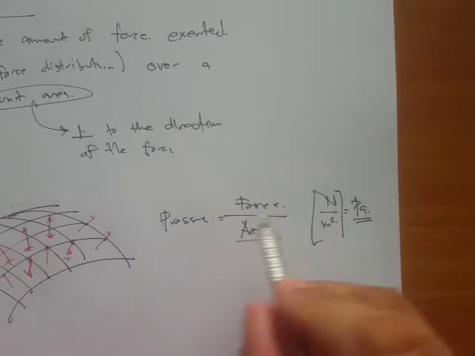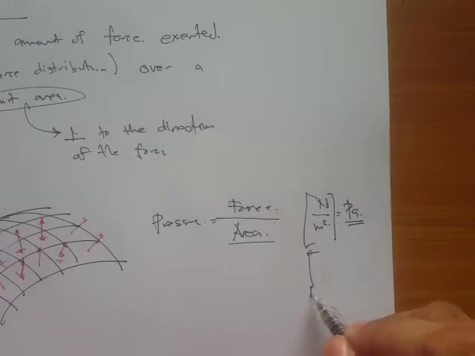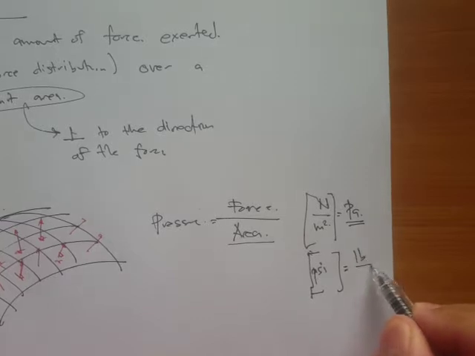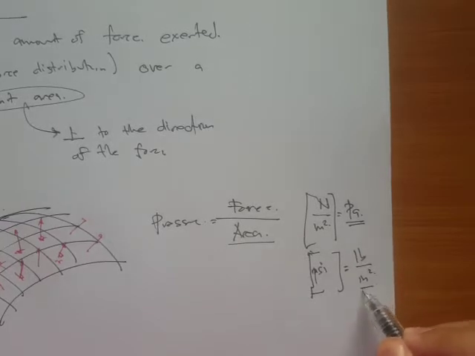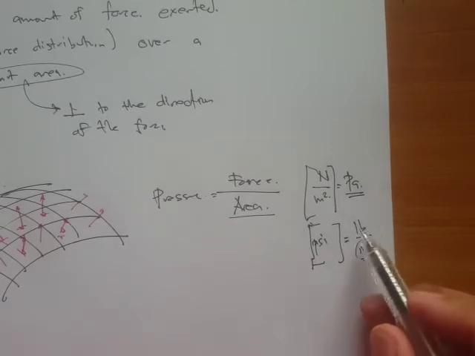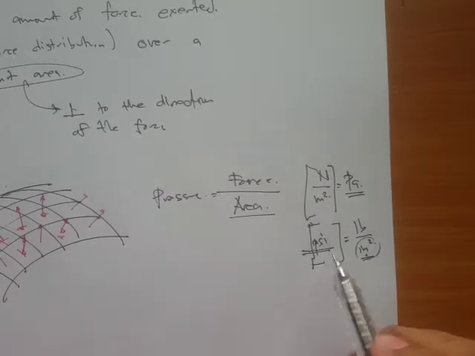Okay, so that's pressure, force over area, and in English systems, it is psi. That's just pounds per square inch, right? So this is the unit of area in the English system, and this is the pound force per area, or the shortcut is psi.